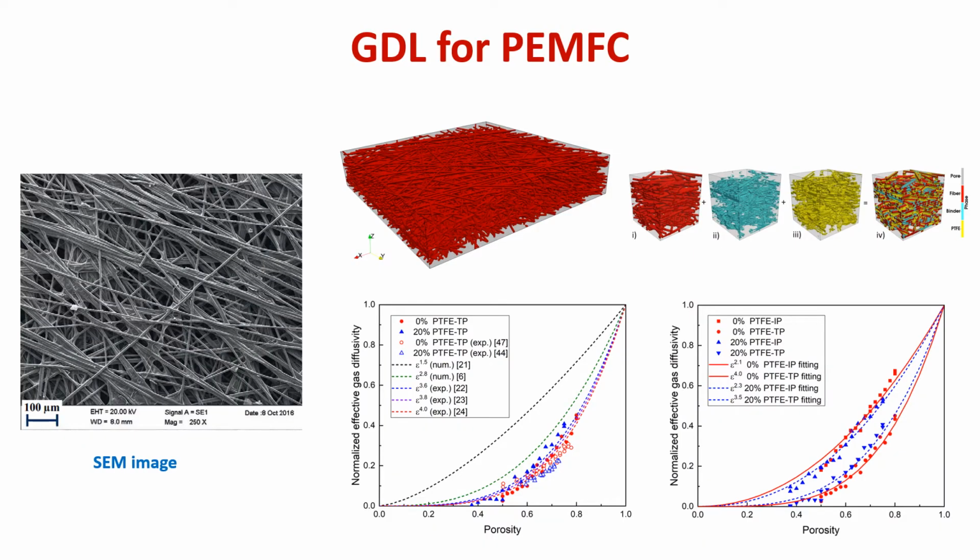So this is a case with not only carbon fibers, but also the binder in the GDL considered in the reconstruction. It is found the binder affects the computed effective diffusivity very much. So see the comparison with experiment data with good agreement here and here.